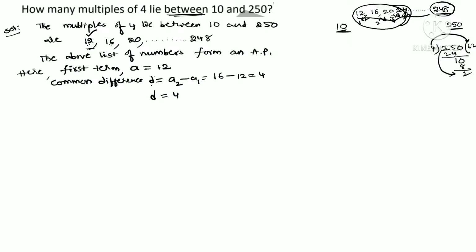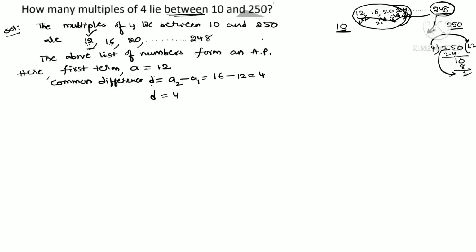If you take only 2, means first term, second term, 2 numbers are there. If you take 1, 2, 3, 3 numbers are there. First term, second term, third term, fourth term. So this particular number is which term? If you identify, then automatically we will get the idea of how many multiples of 4.